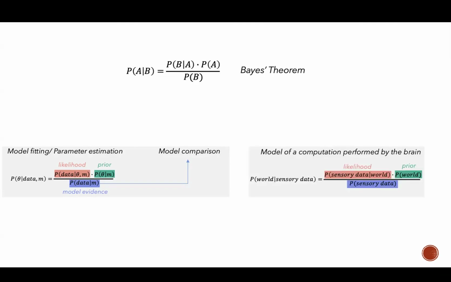But it can also be taken as the model of a computation as performed by the mind, the brain. Luckily, this is not philosophy of cognitive science, so I don't need to go too much into that. But there's prior knowledge of the world that we have about what happens, that we've learned. We have a likelihood, like the incoming sensory stimulus in the world or the incoming information.